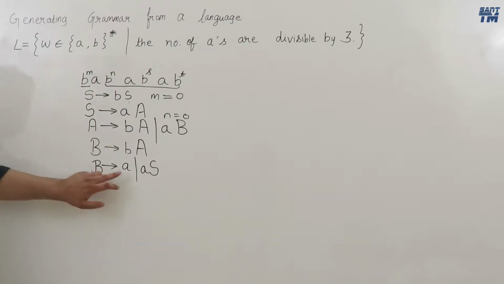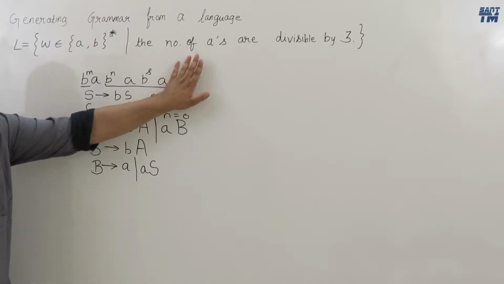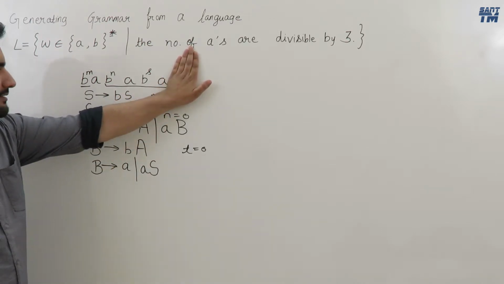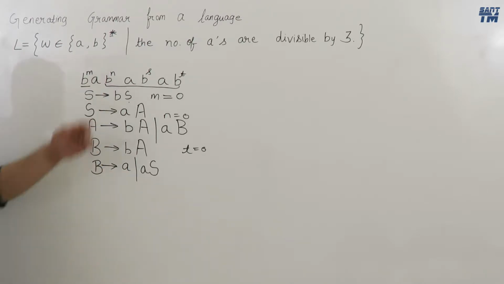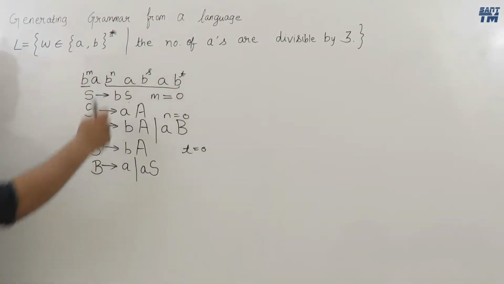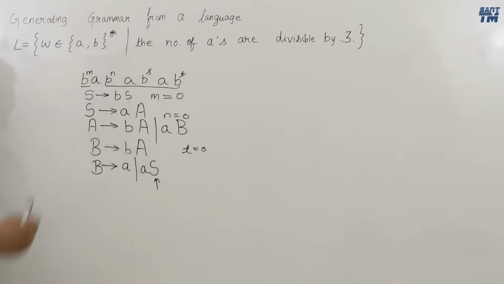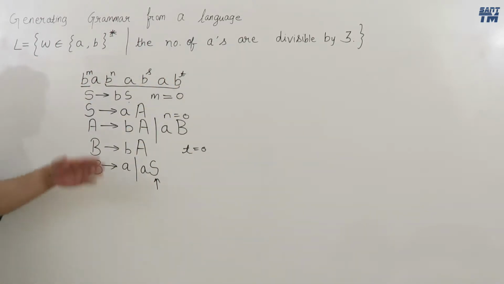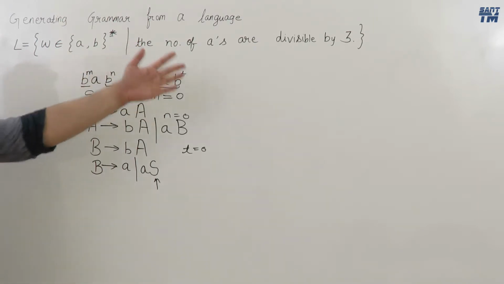Using these production rules, we can terminate at this A, because if we do not need B after this A, then when t is equal to 0, b^t does not exist, so we can terminate using B derives A. Or if our string contains 6 A's, such that this whole structure is repeated after it, then B derives AS can be used, and using this S we can follow the same procedure again and get the whole string again after this string. Similarly, recursively we can substitute AS to get any number of repetitions of this string one after another.